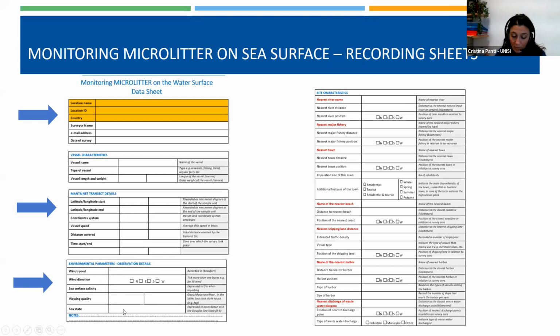This is very important because, as Thomais already said, we should perform the surveys only in calm sea, so with the sea state between 0 and 2 of the Beaufort scale, in order to not affect the sampling because of the wind and the currents that can affect the reliability of your surveys.